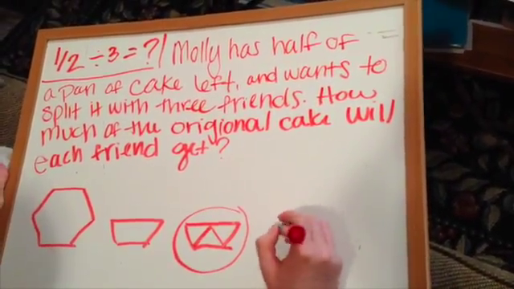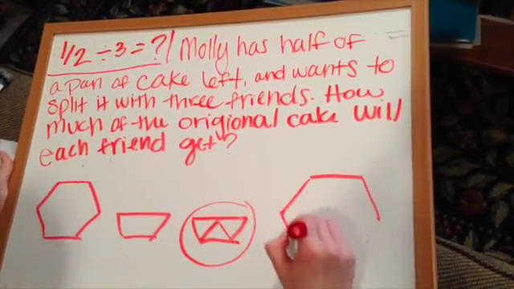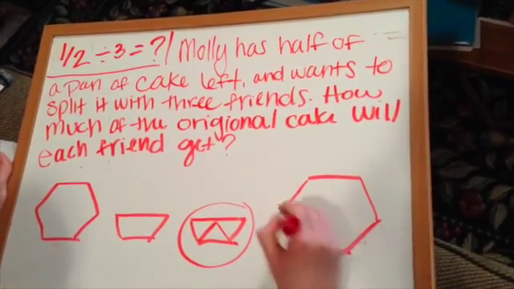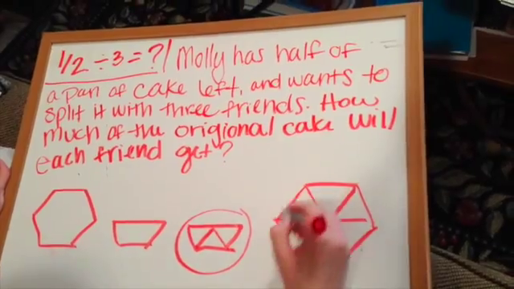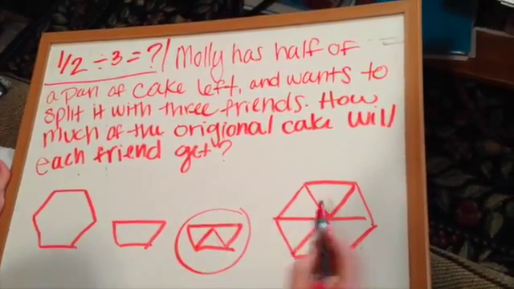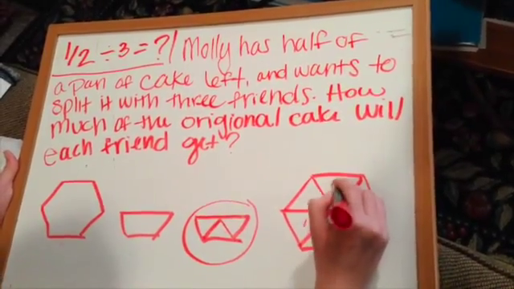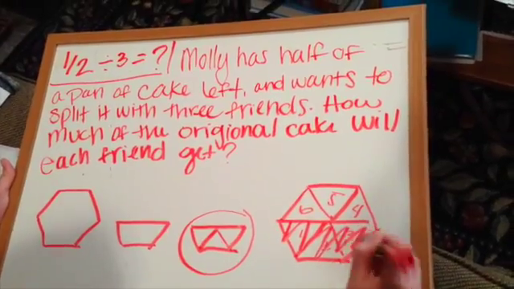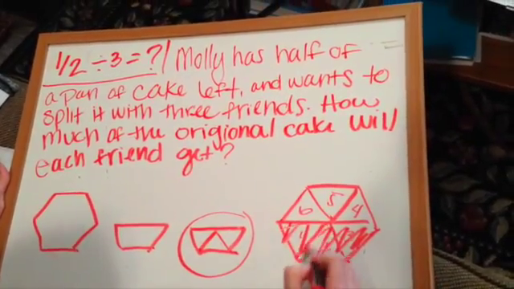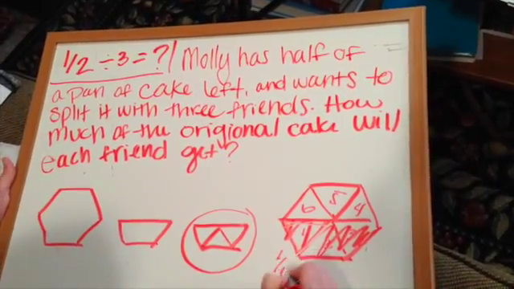And then each person gets 1 of those, but when you put it in the whole again, we'll demonstrate when it's equally split up. There's 1, 2, 3, 4, 5, 6. And this part is what they ate. So each person, since they got a square or a triangle of that cake, they each got 1/6.